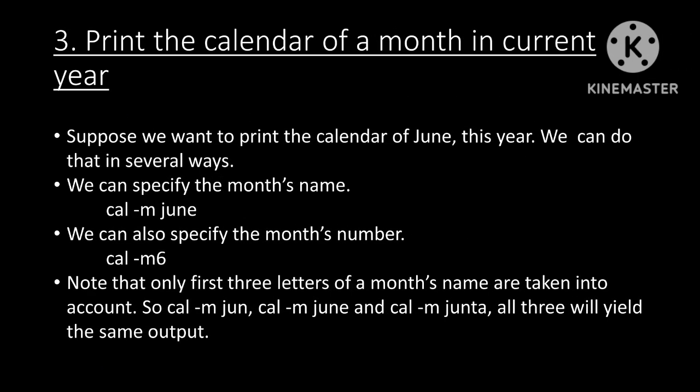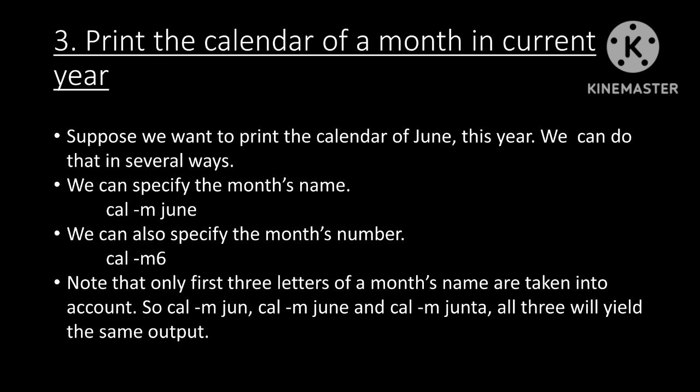Next, if you want to print a particular month of the current year, then you have to write cal space -m, then you have to write the month. Month you can write in characters as well as in numbers.